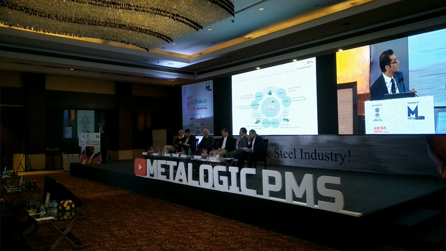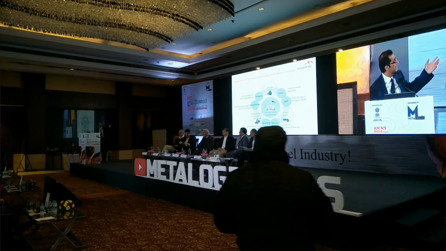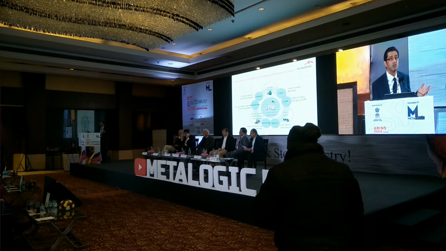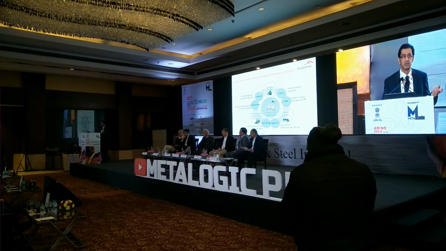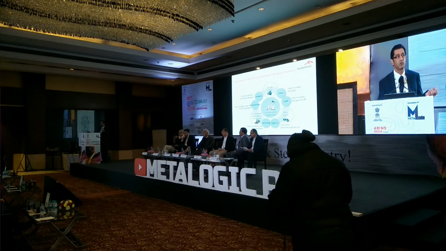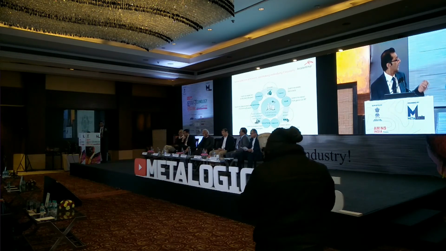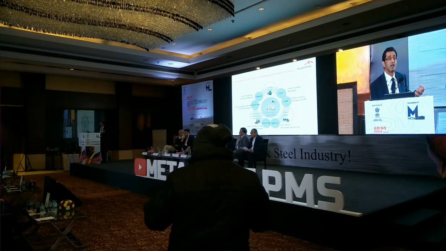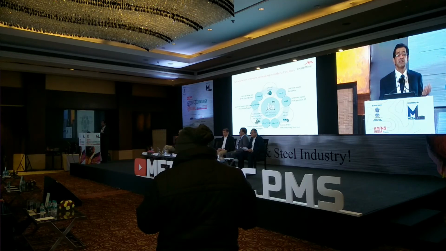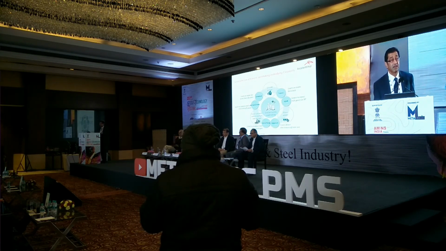So I'll just walk through that in a quick way. On the right-hand side, you see learning to make biocoals. This is from biomass, making carbon sources, which can be used in different ways within our own processes. Learning to inject rich gases in the blast furnace by using different techniques of catalytic reforming or non-catalytic reforming also.